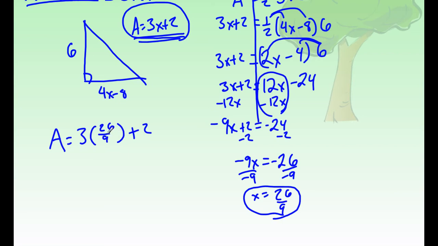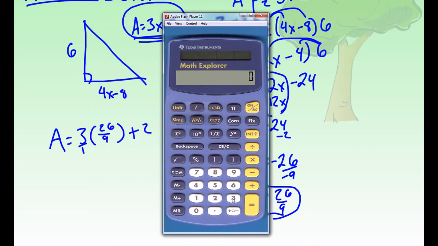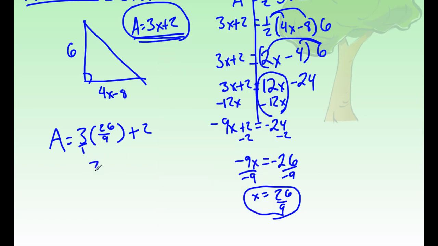I'll leave it like that for now. I need to multiply this, so 3 over 1 times 26 over 9. That gives me 3 times 26 is 78 over 9 plus 2.